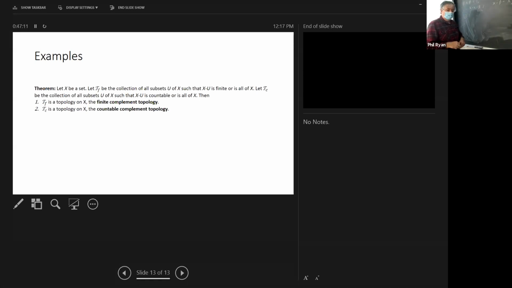Requirement 2 is what? It's arbitrary union. Okay, so let's say we're given some arbitrary family of non-empty elements of our topology.